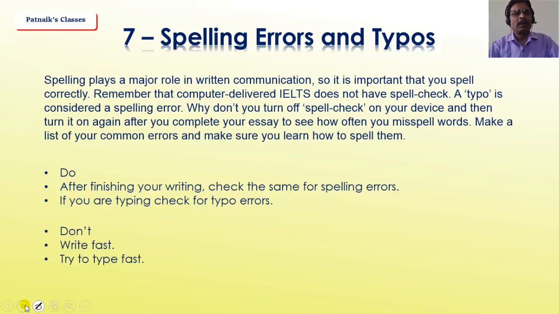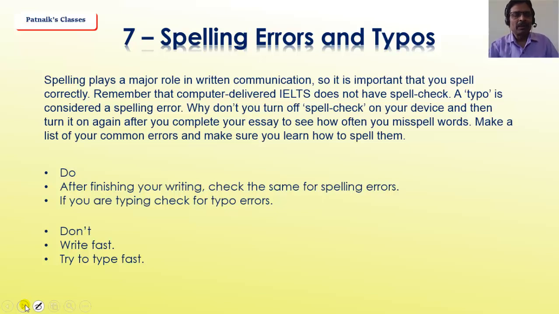And don't write fast or don't type fast. If you are trying to type fast, then definitely there is a chance your fingers may hit other, unwanted keys, right? And if you're writing fast, unless you have good, legible handwriting skills, it will be difficult for the examiner to read your answer properly, right?